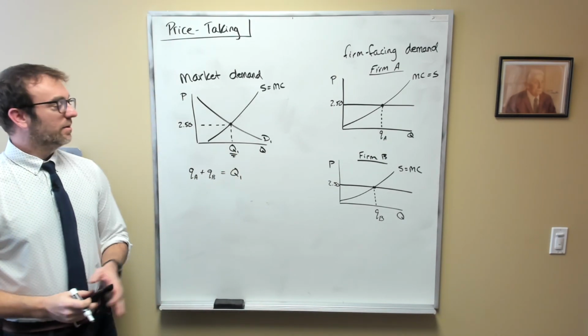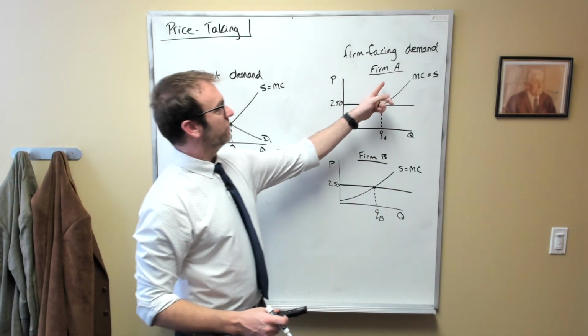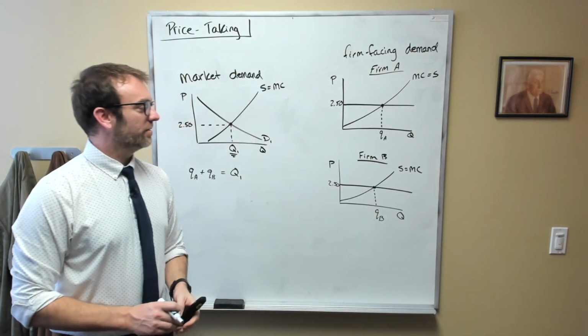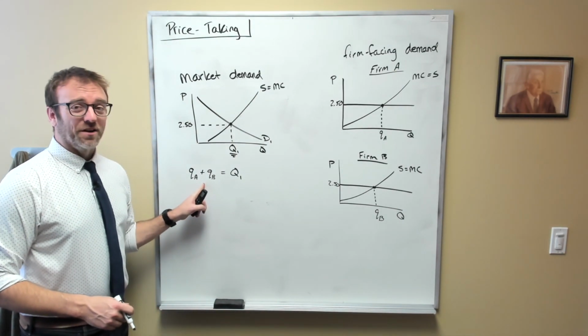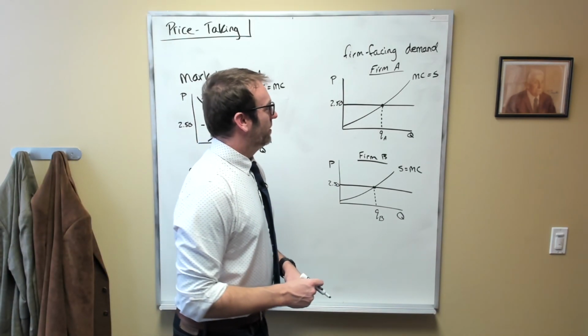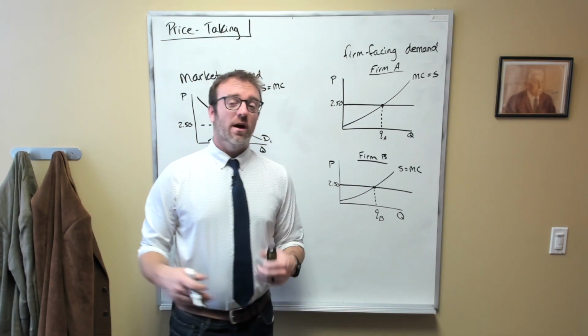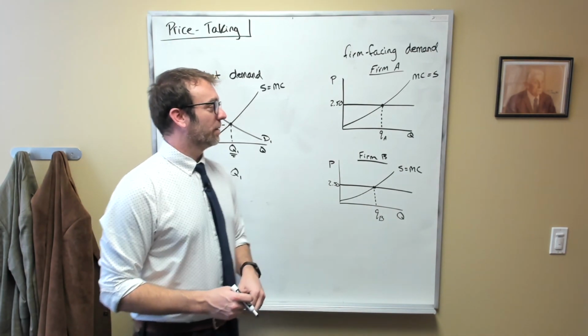In other words, if consumers are buying a total amount of Q1 and the only two places they can purchase that product are from firm A or firm B, well then they must have bought it from either firm A or firm B.